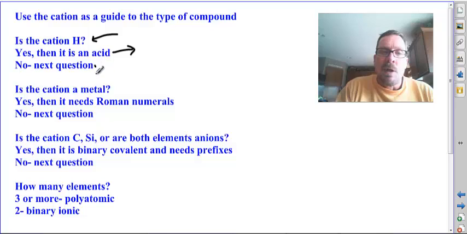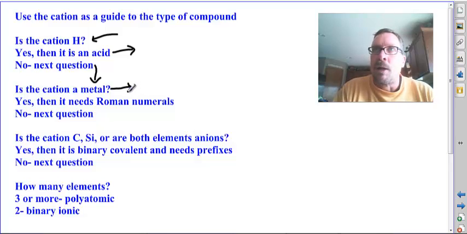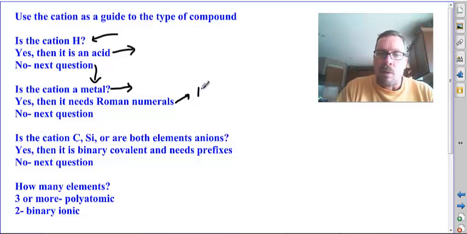If my answer is no, then I'm going to go to the next question, and I'm going to say, is that cation a metal or a transition metal? It could be a metal that's not a transition metal. So is it a metal? And if I say yes, if I look at my box on my cheat sheet and I see that it's in that list with multiple possible cation charges, then I know that in the written format I have to use Roman numerals. Like the Roman numeral 2, for example, if it was copper 2.